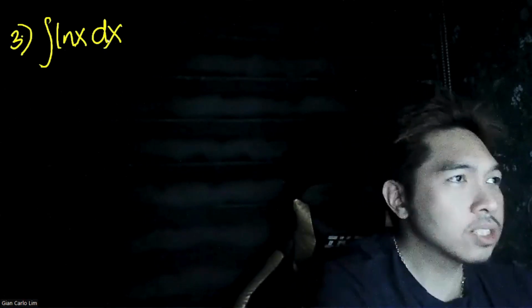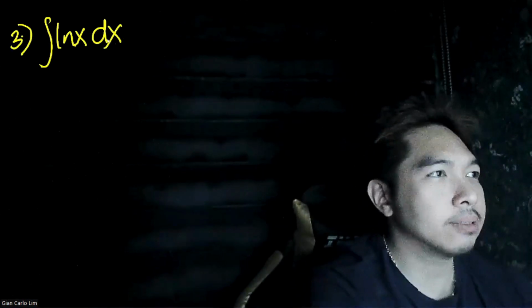All right. So for ln of x dx, we already have the formula for this one. So what's the formula for ln of x? But I want to show you how it is done.